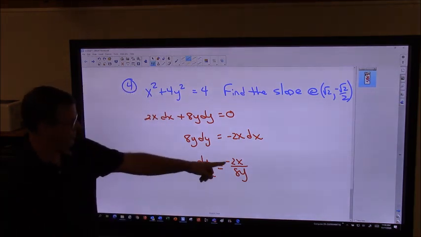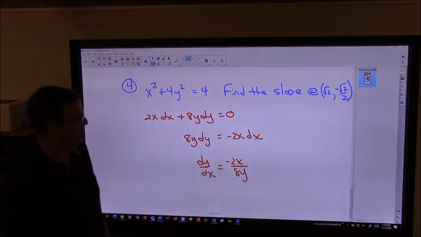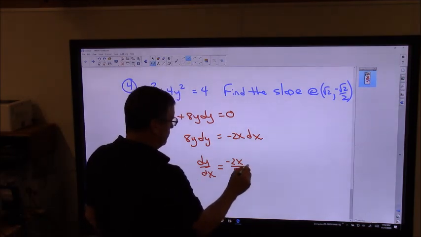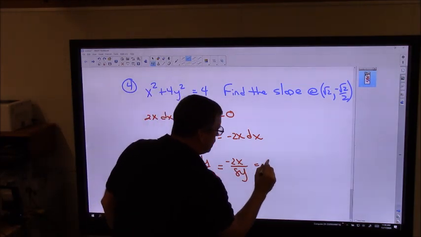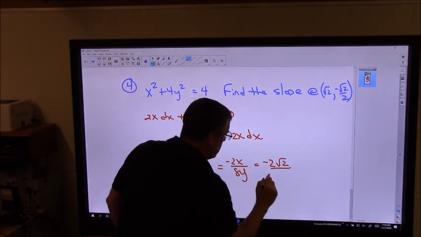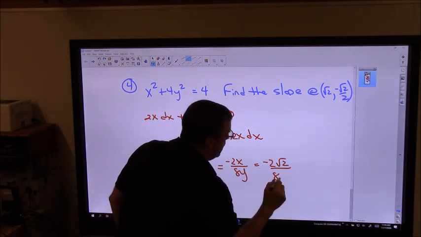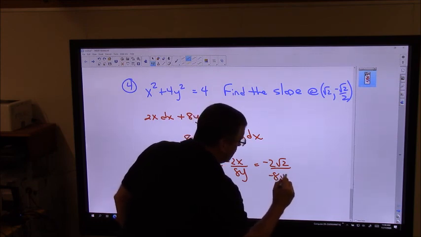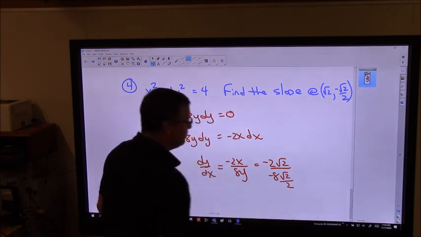I know that's going to reduce down to a negative 1 over 4, but I'm just going to go ahead and plug the numbers in right now and see what I get. So I'm going to get a negative 2 times the square root of 2 over 8 times a negative root 2 over 2.